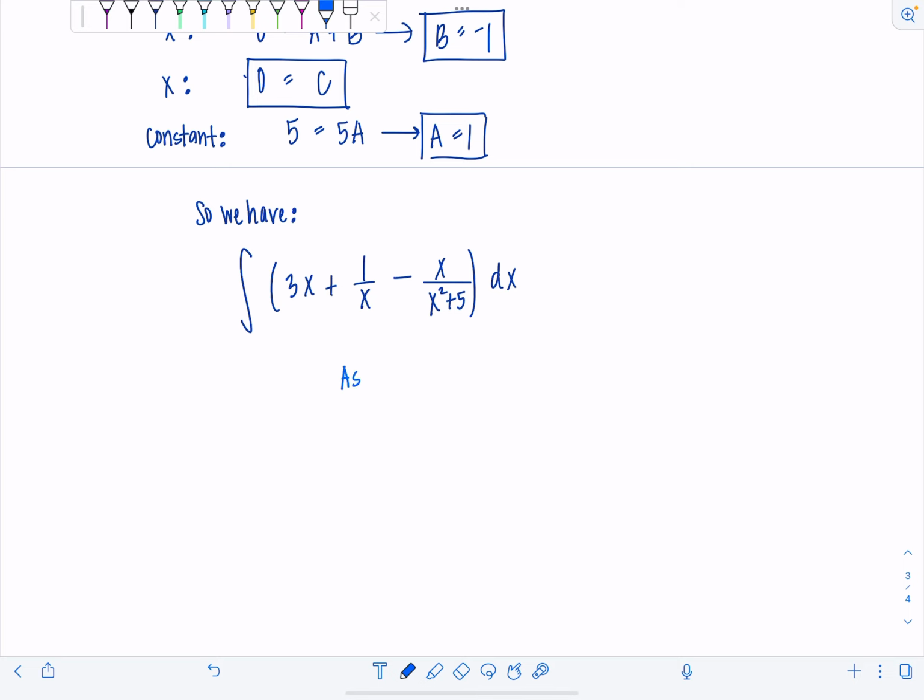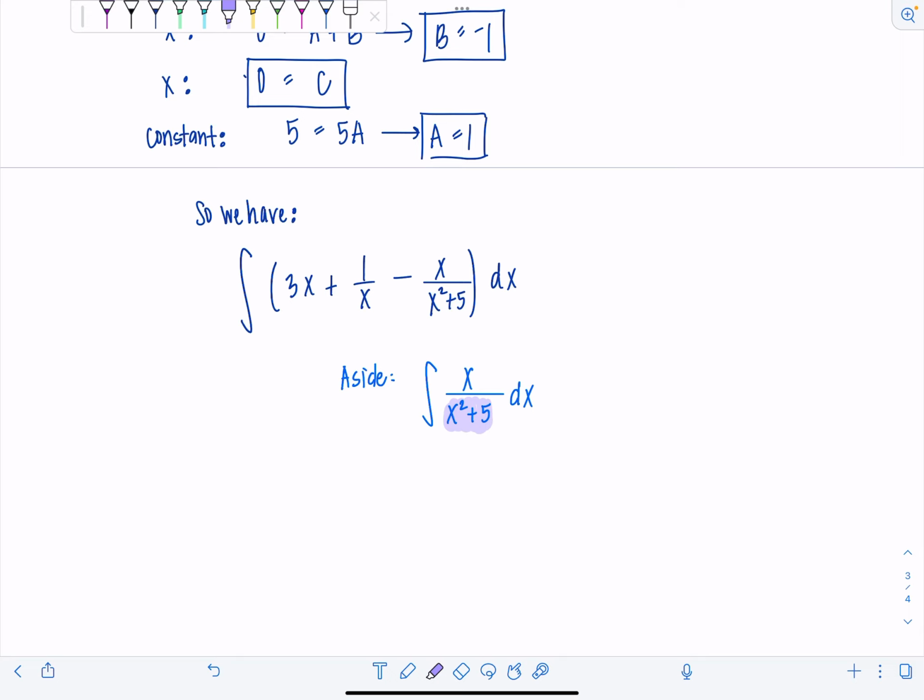So let's do a little aside. If you have the integral of x over x squared plus 5 dx, I know to use u substitution because the denominator is degree 2, and you see how the numerator is 1 degree lower?